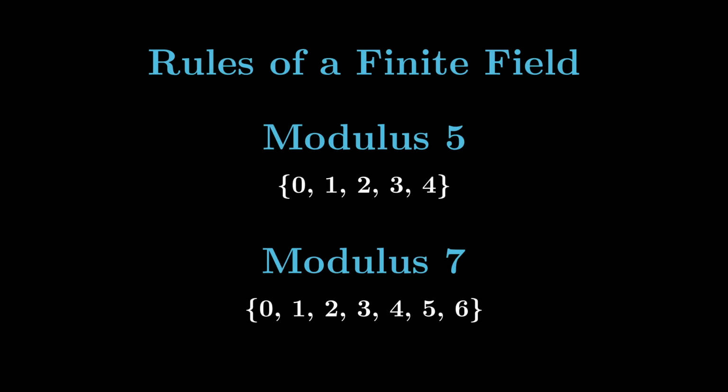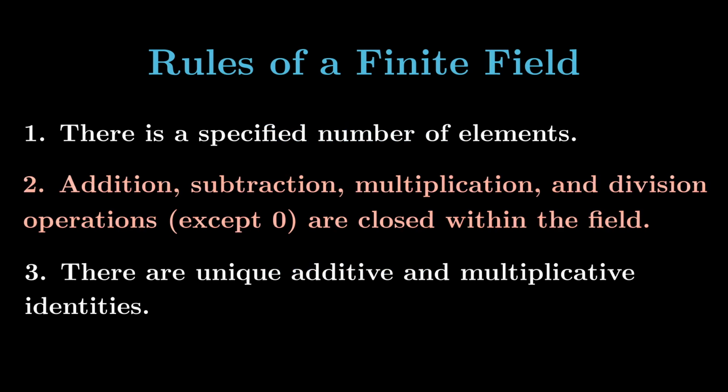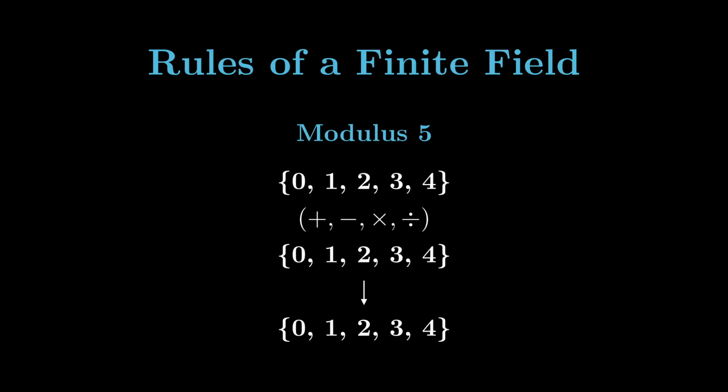For example, in the case of modulus 5, we have 5 elements, and in the case of modulus 7, we have 7 elements. Secondly, addition, subtraction, multiplication, and division operations except 0 are closed, meaning that performing these operations on any 2 elements of the field will result in another element within the field.